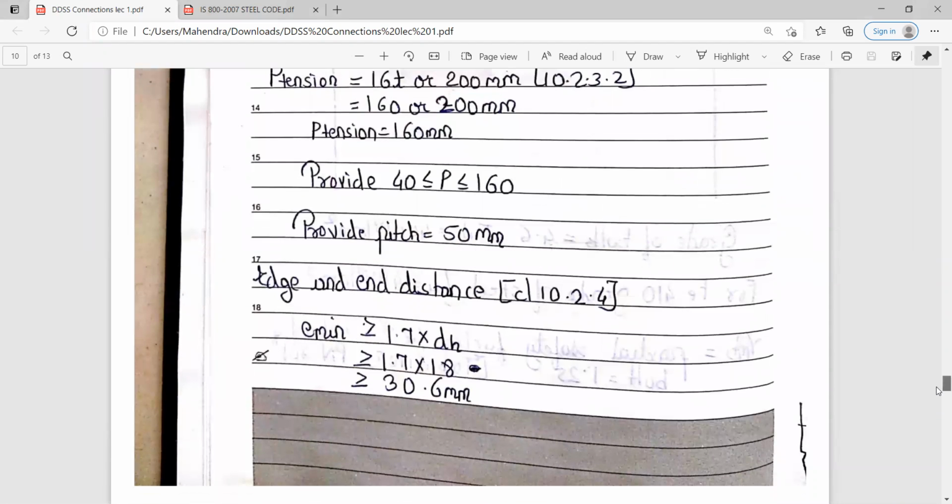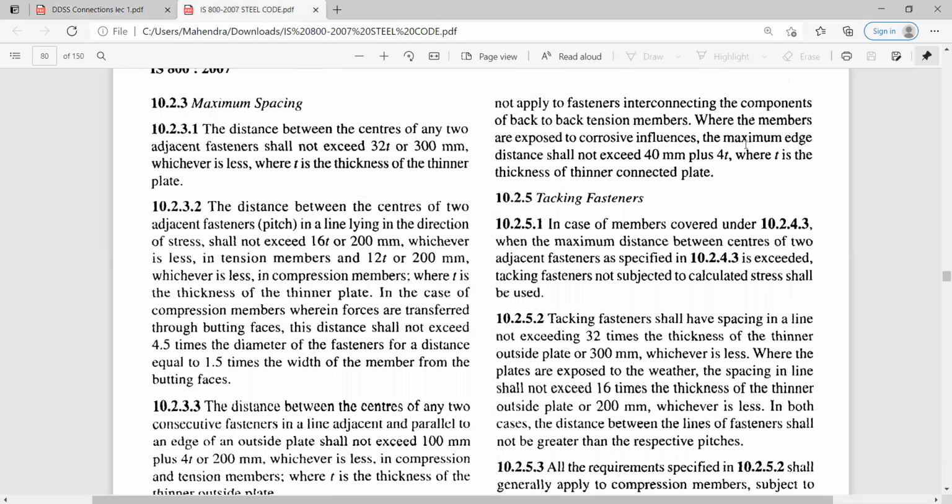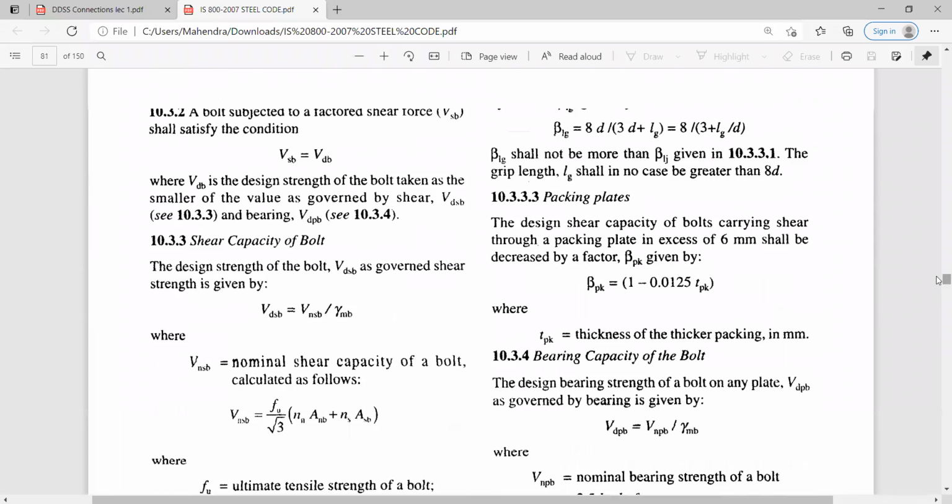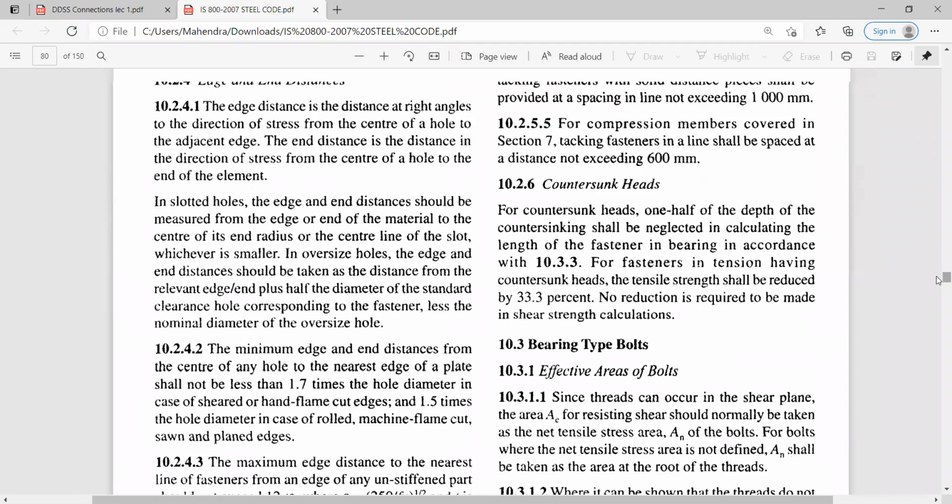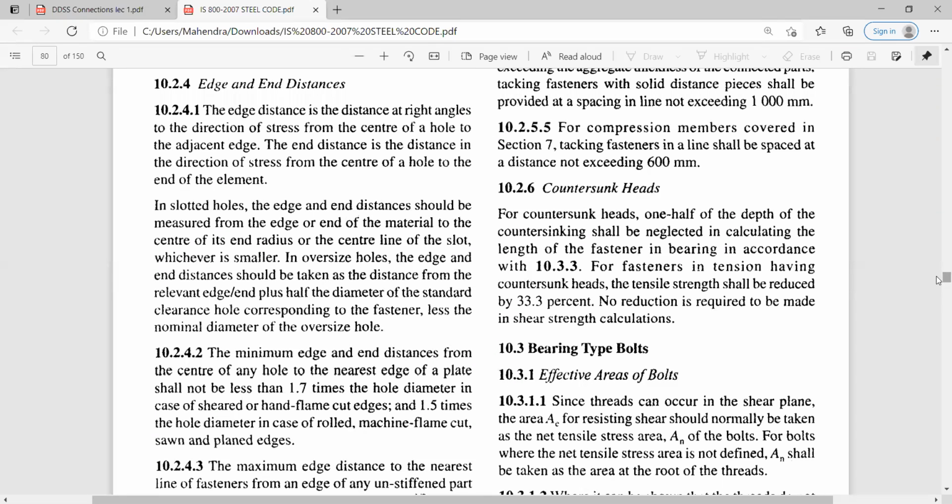So we had provided the pitch that is 50 millimeter. Now edge and end distance. So again for edge and end distance, you need to refer to IS code clause number 10.2.4. See the IS code 10.2.4 for the edge and end distance.